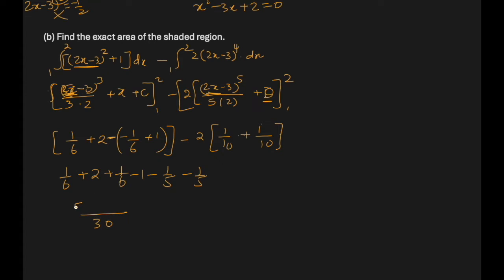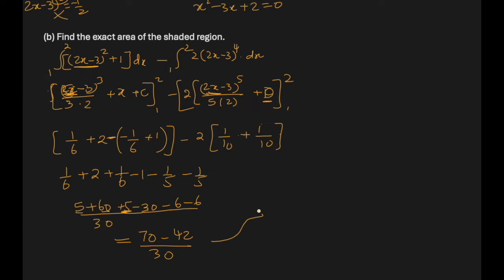So 5 plus 60, yeah, because it doesn't have any denominator, and 30 I've taken as LCM. 6 times 5 is 30, minus 6, minus 6. Okay, positives 5 plus 60 is 65, 70, minus 42. Yeah, 30 plus 6 is 36, 42 over 30.